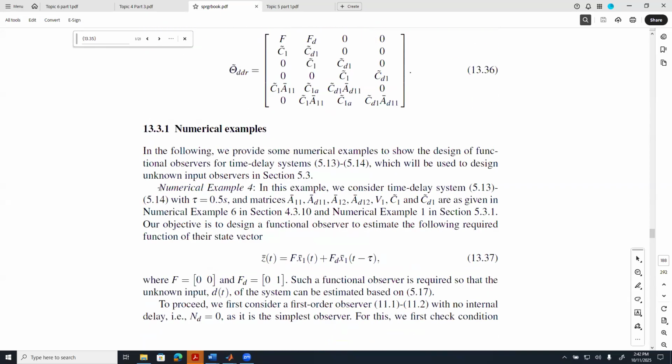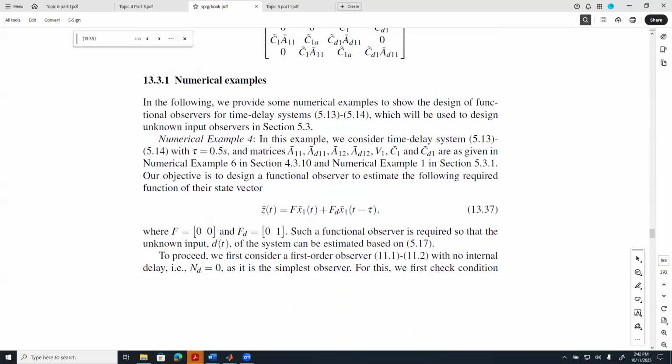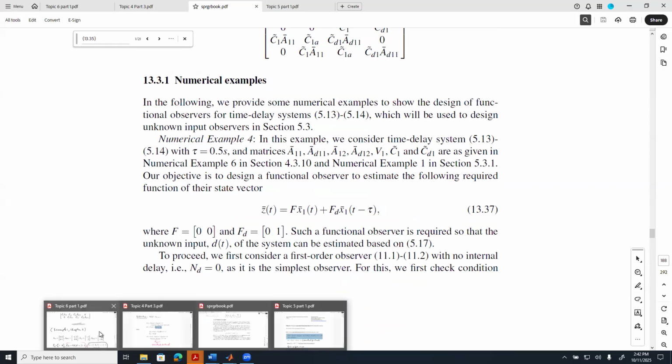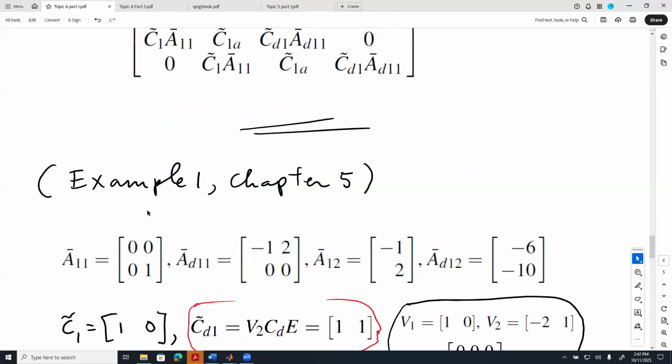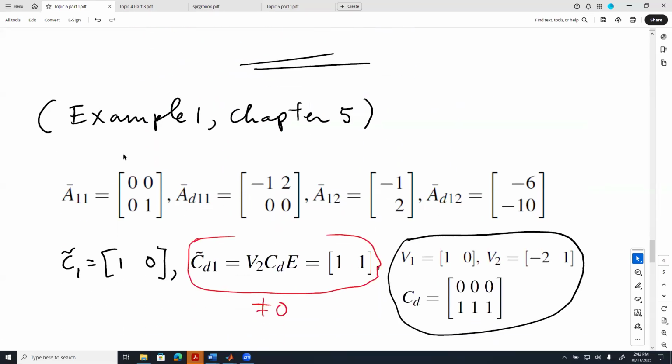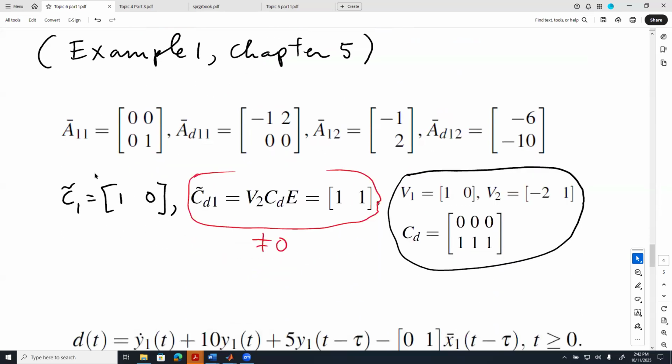In this particular example, we re-look at the one that we did in chapter 4, example 6, where we were looking at the design of a delay stack variable for the case where this term is equal to 0.